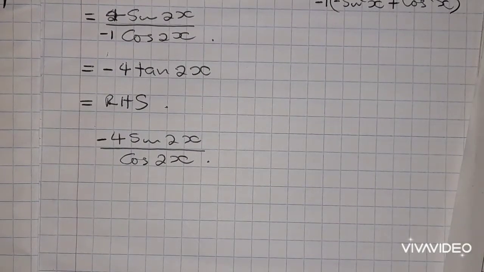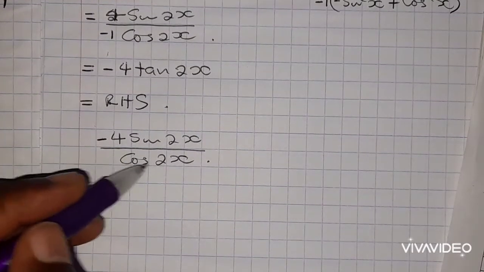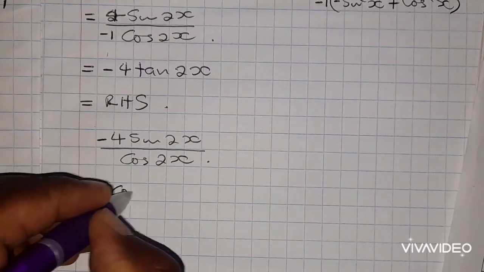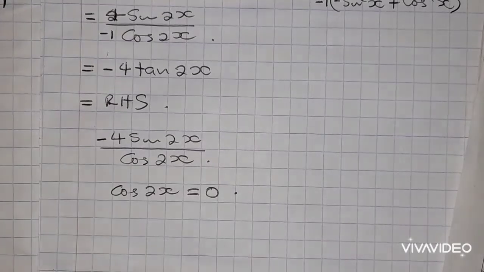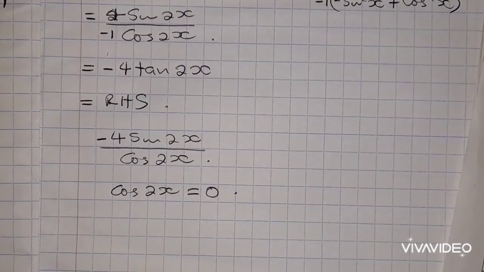You know we cannot divide by 0, right? So this identity here will be undefined when cos 2x is equal to 0. So we solve this equation.